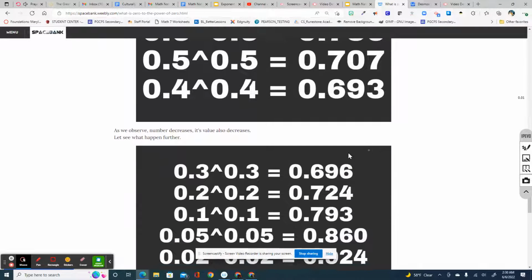Now, at 0.3, 0.3 to the power of 0.3, we can actually see that we are going back up.